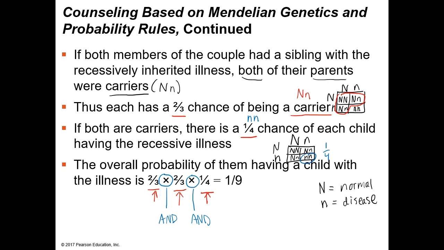If we work out the math, 2/3 times 2/3 times 1/4 equals 4, 2 times 2 times 1 is 4, over 3 times 3 times 4, which is 9 times 4, which is equal to 4 over 36. And we reduce that to 1 over 9.